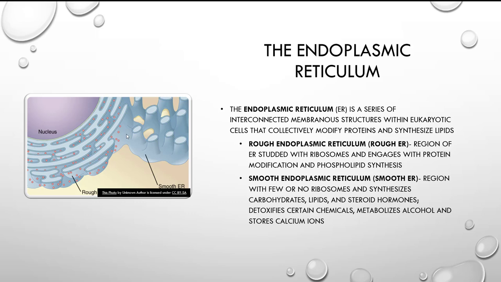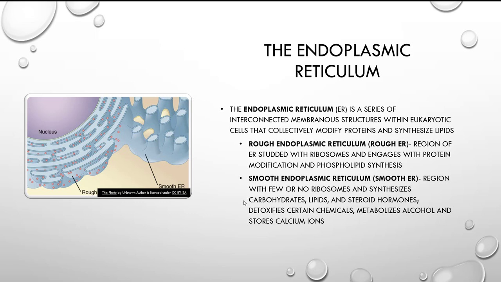In addition to making things, the smooth ER has an added function, in that it can detoxify certain chemicals. Okay, so it can actually metabolize alcohol, and it can store calcium, so it can do a couple of other things in addition to manufacturing the carbs, lipids, and steroid hormones.